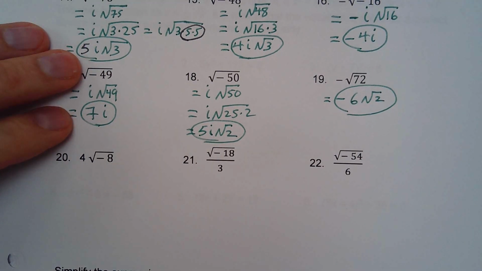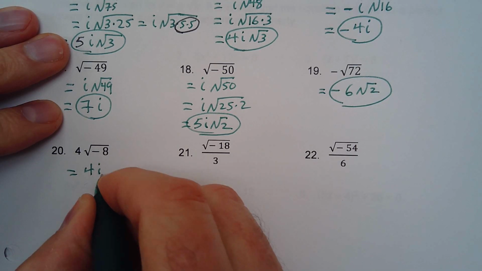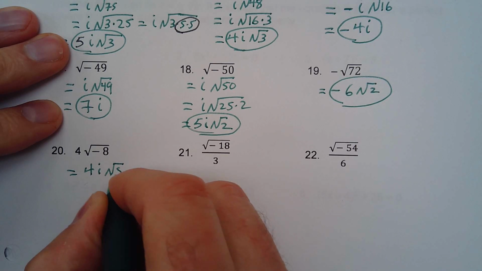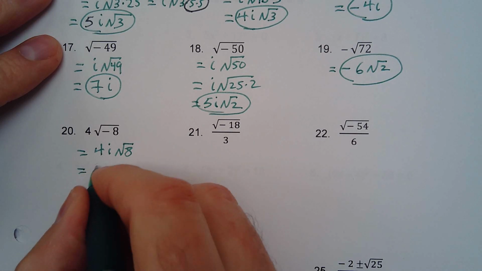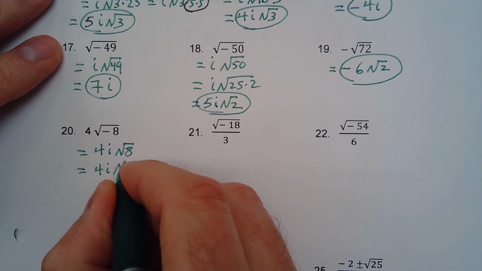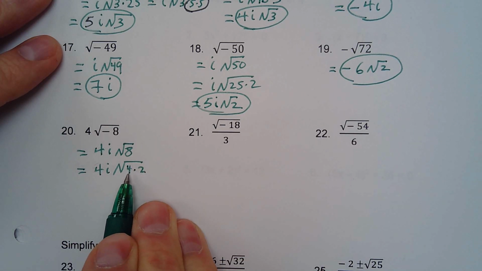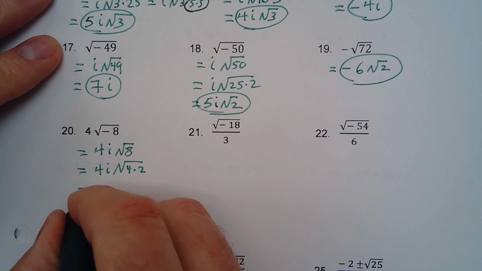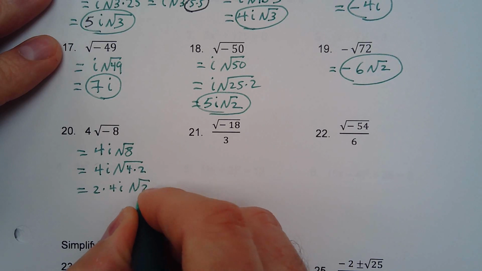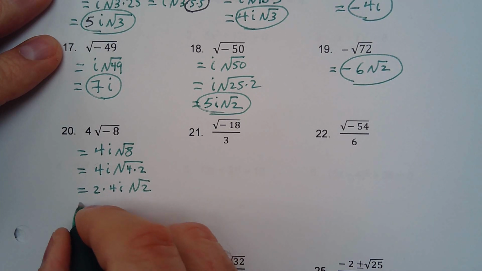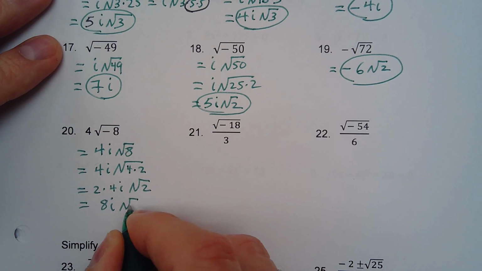So here I'm going to write this in terms of i. And then that 8 I can write as square root of 4 times 2. Square root of 4 is 2, so that becomes 2 times 4i square root of 2, which is just 8i square root of 2.